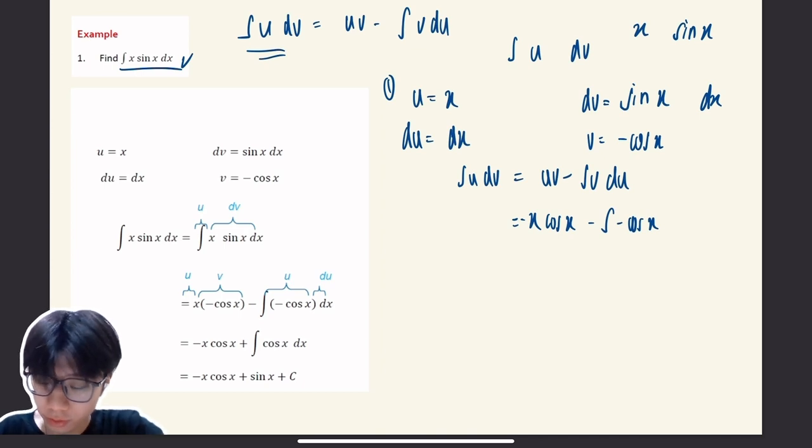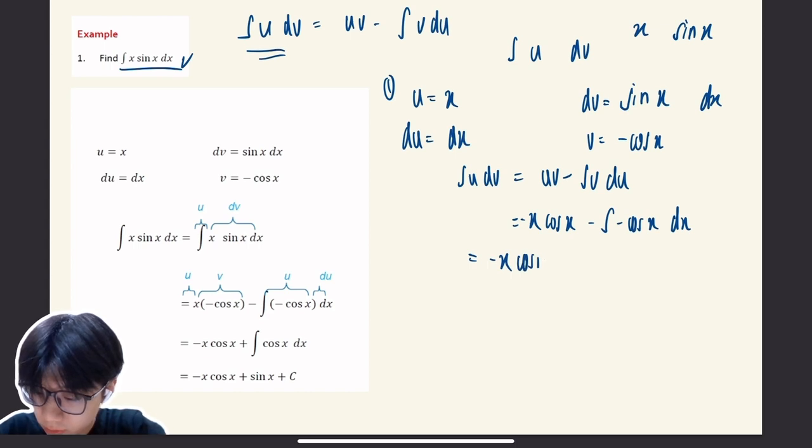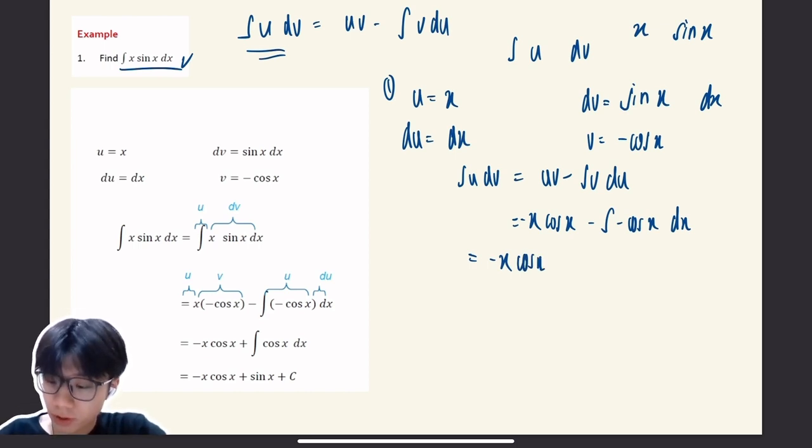What is du? du is equal to dx in this case. By simplifying it, we'll be getting cos x. Negative negative is equal to positive.